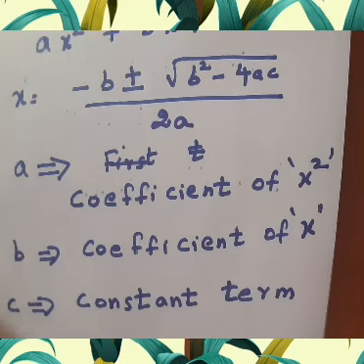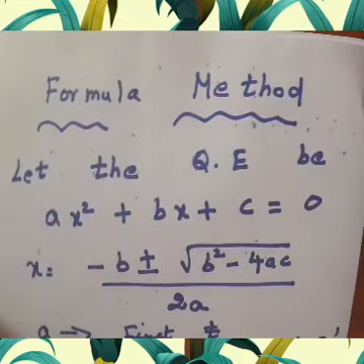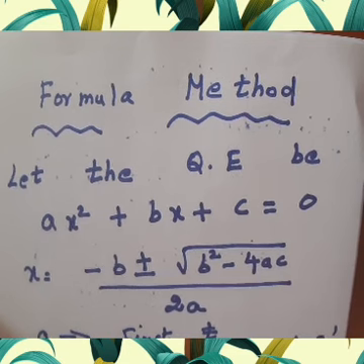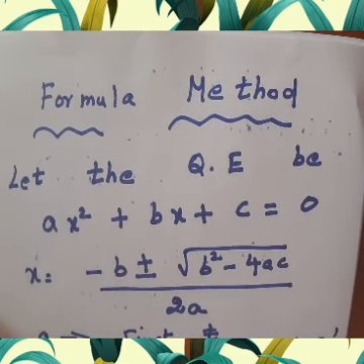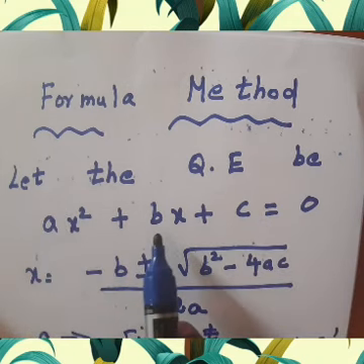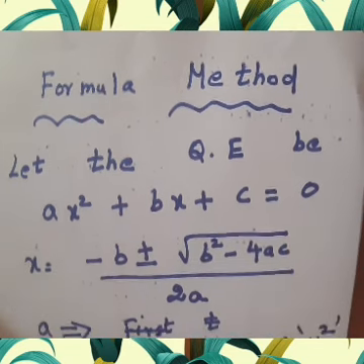Next, we will see how we are going to use the formula method to solve the problem. Okay students, the factorization method I will teach in my next video. First we'll focus on the easy method, the formula method. Here we go. So let a quadratic equation be ax square plus bx plus c is equal to 0.